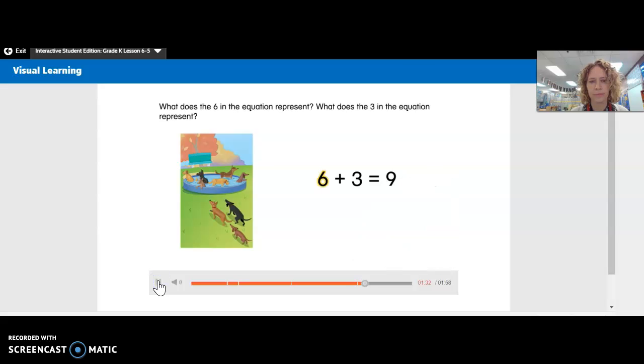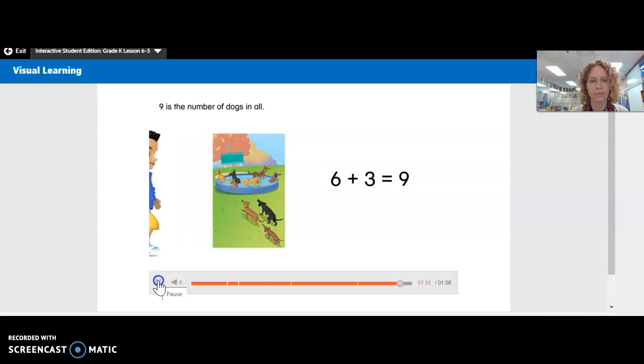What does the 6 in the equation represent? What does the 3 in the equation represent? There are 6 dogs in the water. 3 dogs are joining them. What does the 9 mean? Nine is the number of dogs in all.